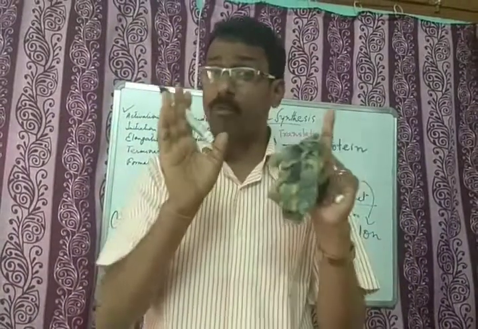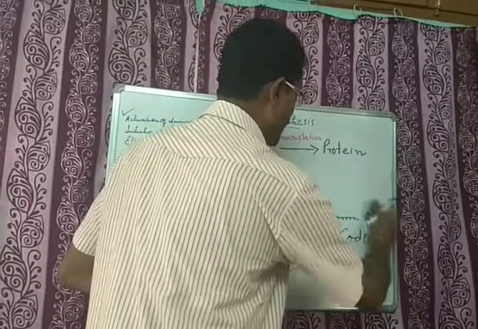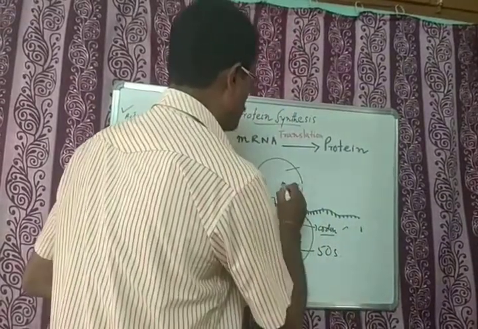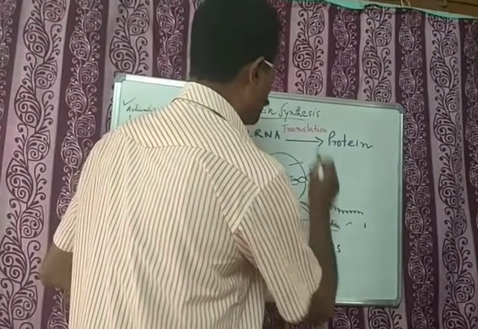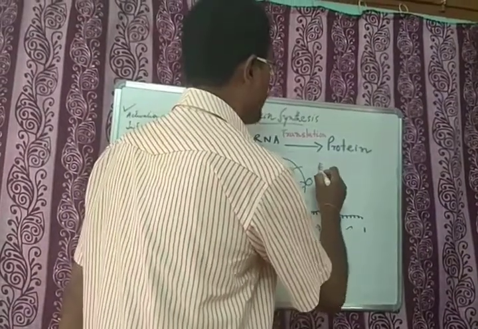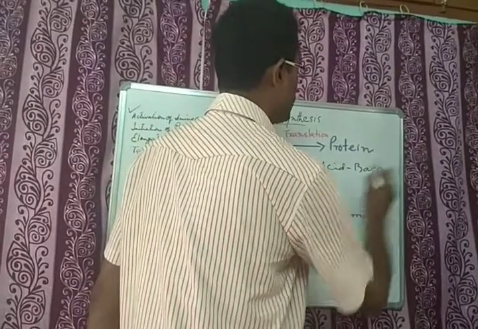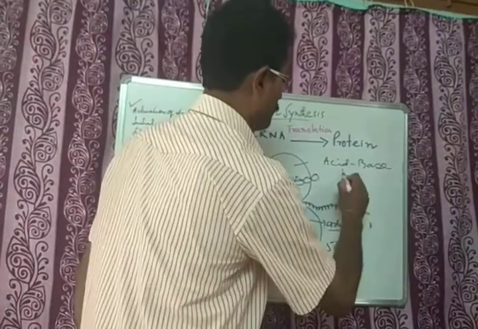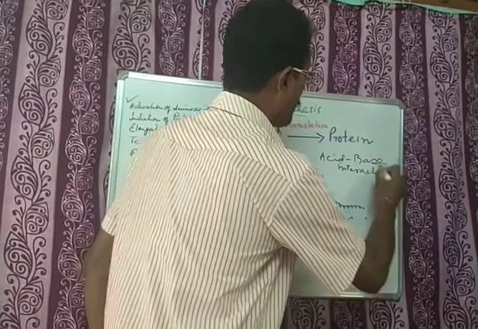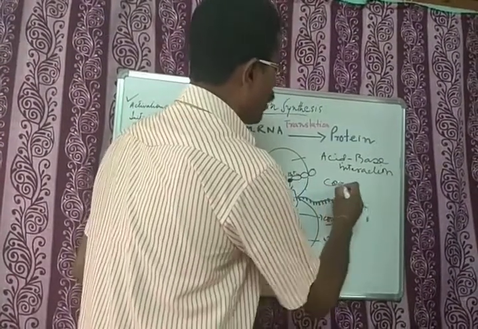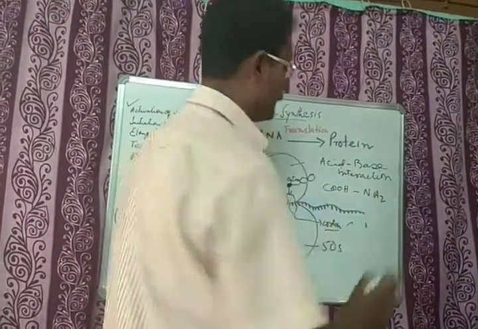So, this first amino acid has come. But the second one will be based on, I am rubbing this one. The second amino acid that will be coming, third, fourth that will be coming, will be based on acid-base interaction. What is the meaning of that? COOH and NH2 bonding.